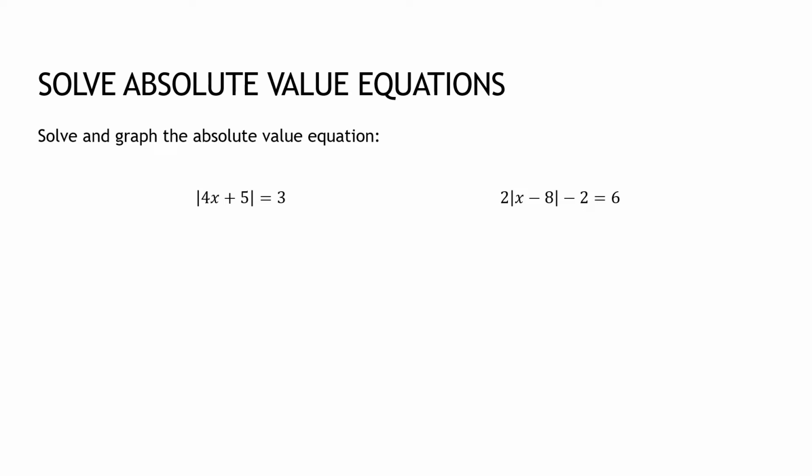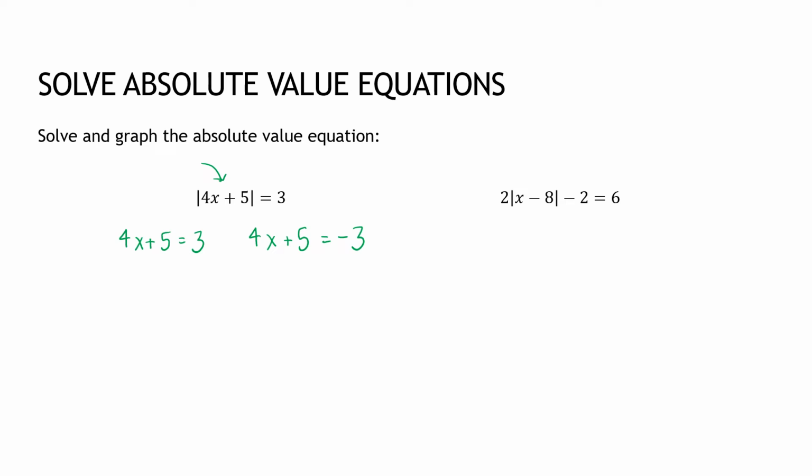So let's take a look at the kinds of questions we typically would get. Notice here on my first example, I've got an absolute value expression and it's all by itself, and that makes me happy. I want the absolute value all by itself. So all I'm going to do, once I get to that point, is set it equal to 3, and notice when I do that I can drop the absolute value brackets because I'm actually going to write it twice and set it once equal to 3 and once equal to -3.